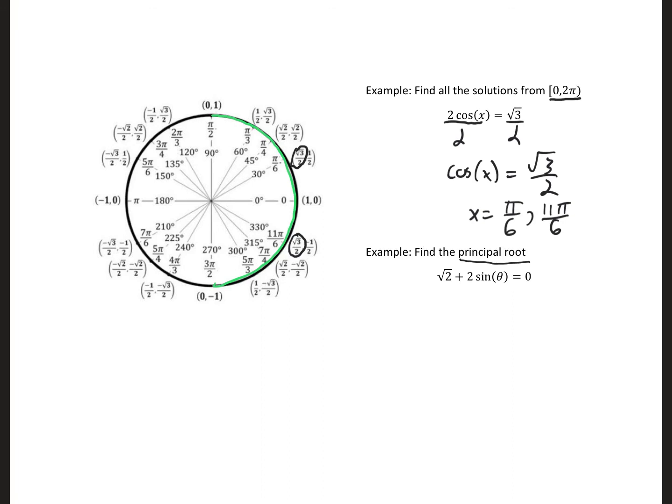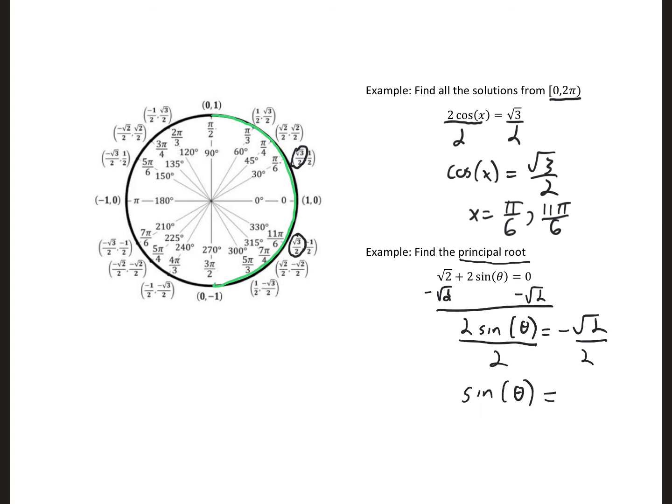So first, let's solve this for sine of theta. Minus square root of 2 from each side: 2 sine of theta equals negative square root of 2. And we divide by 2. Sine of theta equals negative square root of 2 over 2.